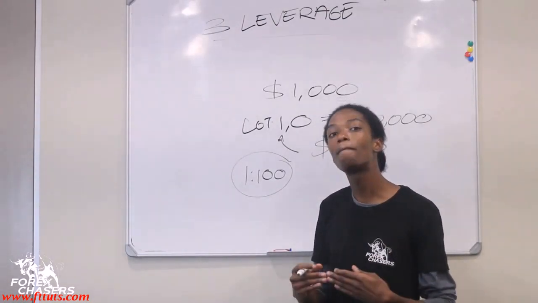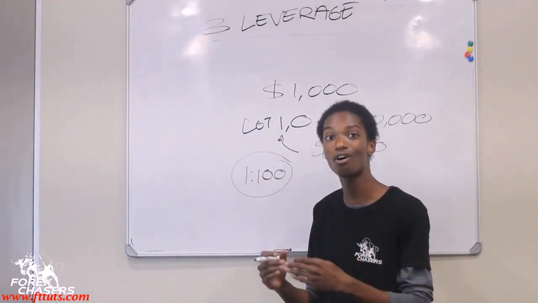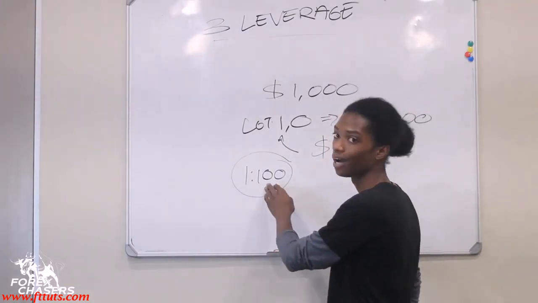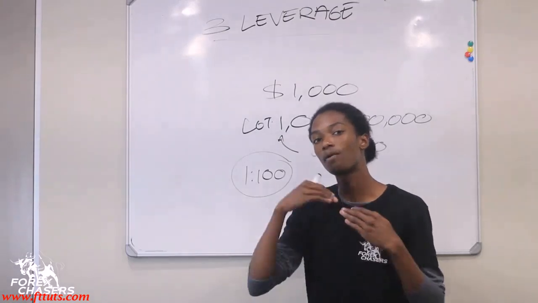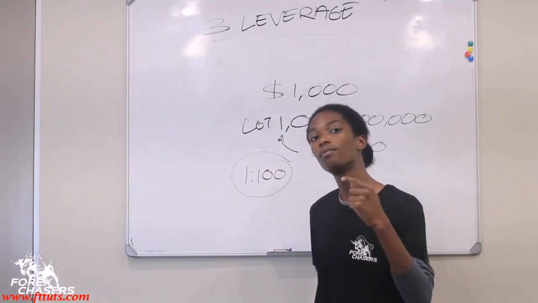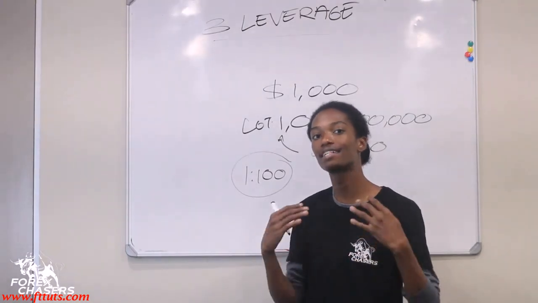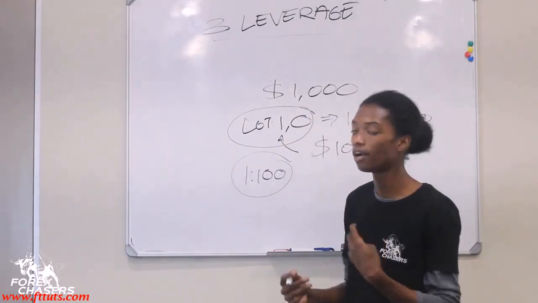In a sense, our buying and selling ability is equal to an account the size of $100,000 using a leverage of 1:100. So we've increased our buying power by using leverage, and we've also decreased the amount of margin that the broker requires as a down payment to have this one lot position open on our side.